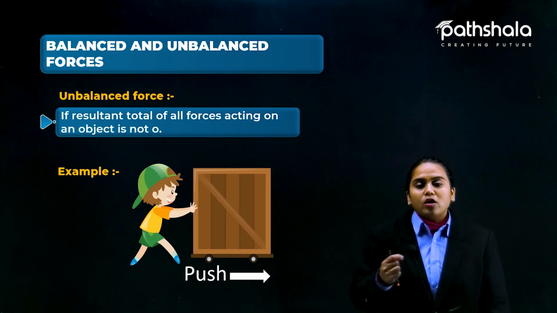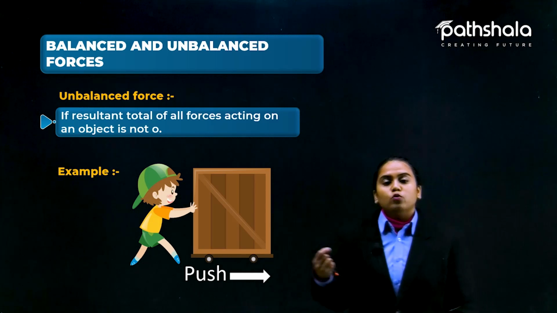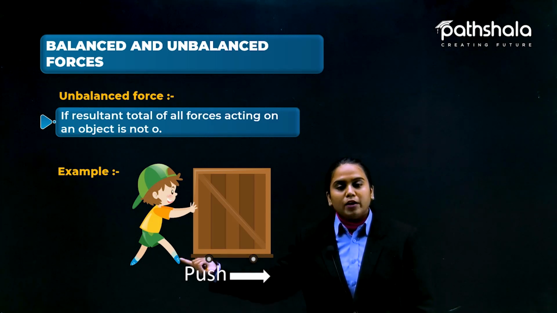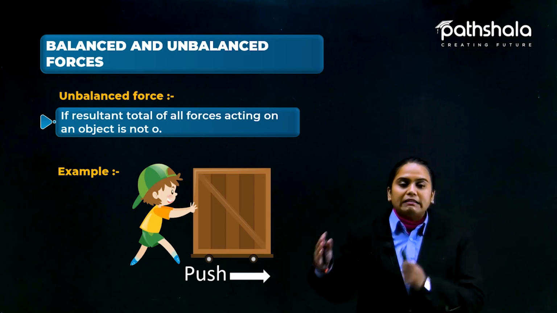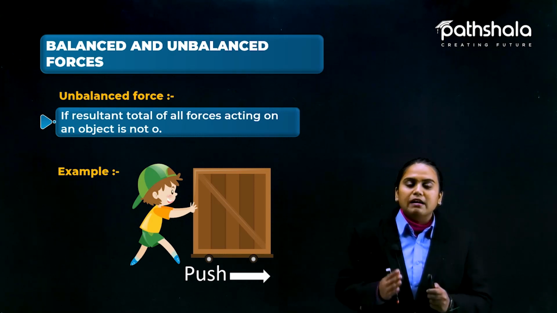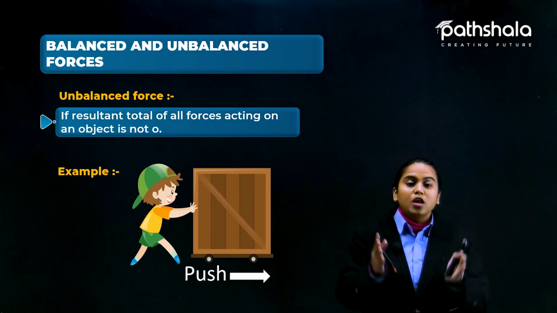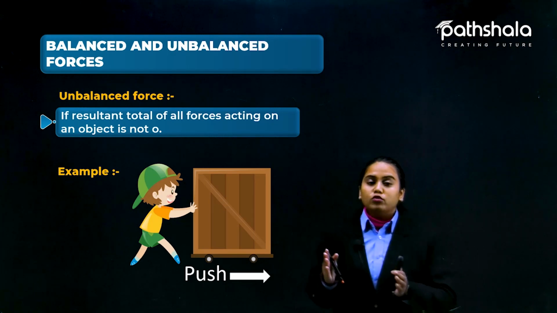Now why is the box not applying equal and opposite force on the boy himself? Because this box is not capable of applying equal and opposite force right now.